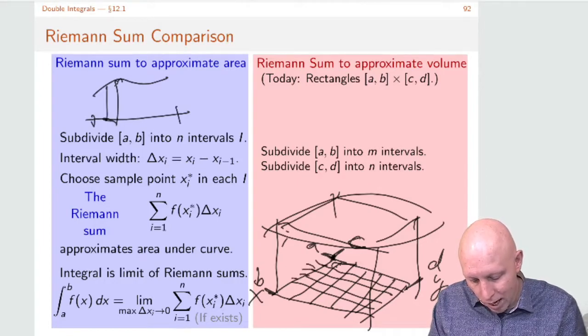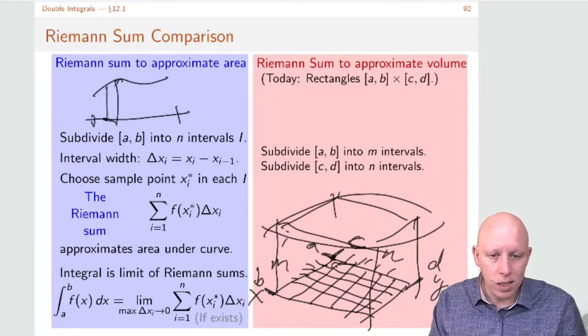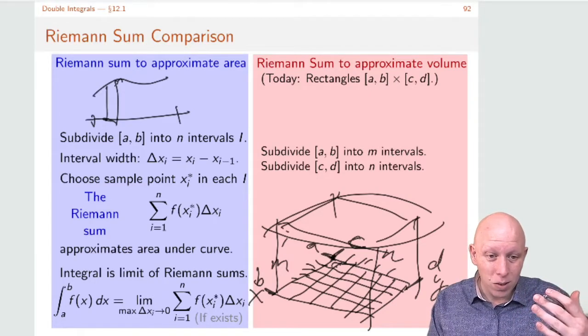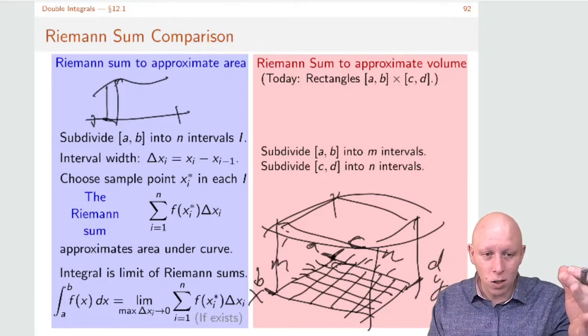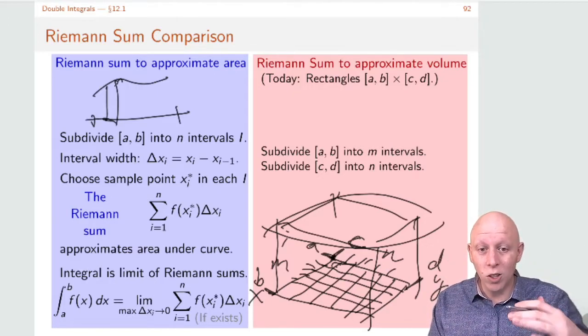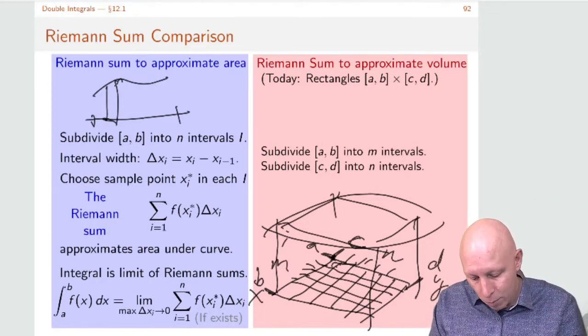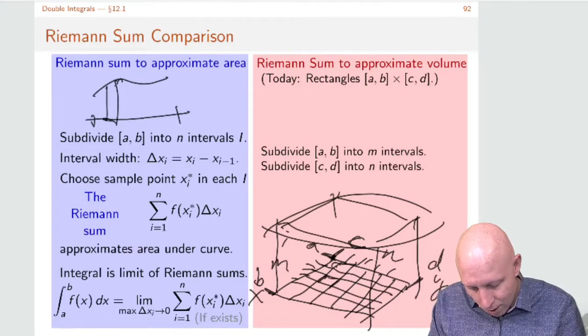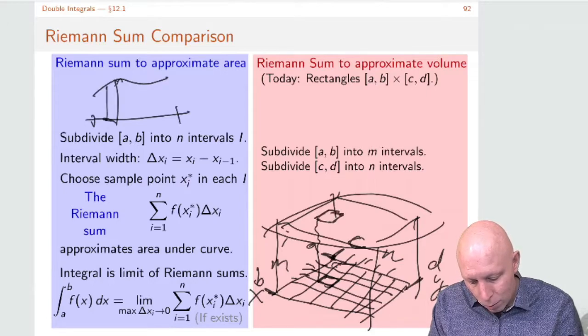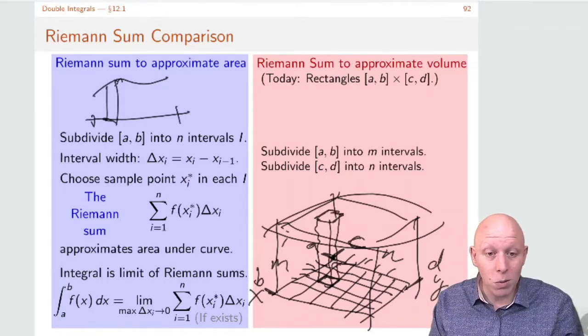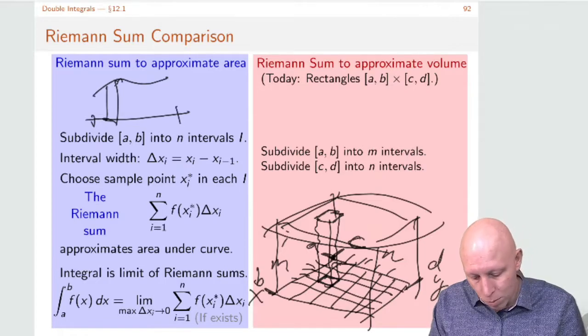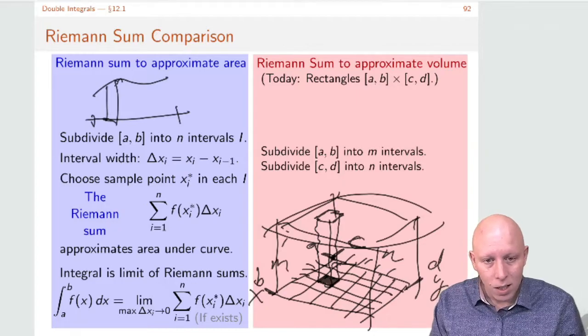So we'll chop this into m different slices, we'll chop these into n different slices, and just like before, when the surface is curved, it's hard to know what the volume is underneath the surface because it's not pretty. But if we approximate the volume by a whole bunch of rectangular prisms, we know what the volume of a rectangular prism is. The volume of a rectangular prism is the area of the base times the height.